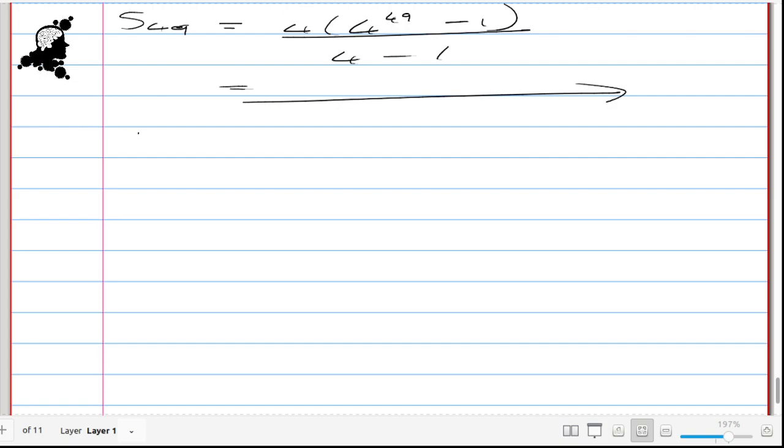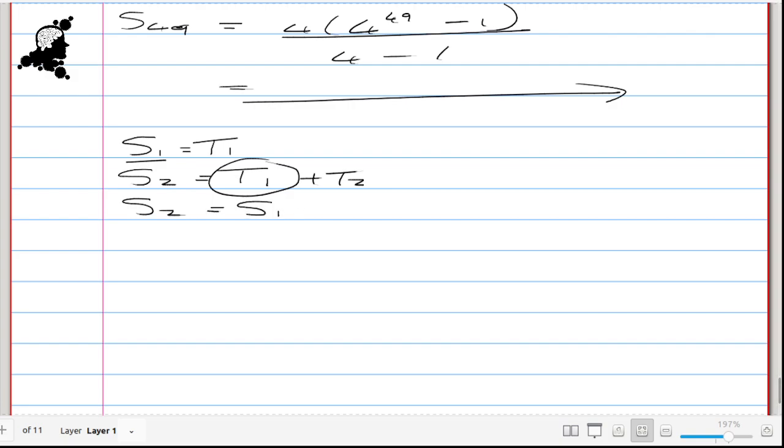But let's look at something. There's an important rule you need to take note of. S1, the sum of the first one term, is equals to the first term. S2 is going to be T1 plus T2. But T1 is actually S1, so I can replace this by saying S2 is equals to S1 plus T2.